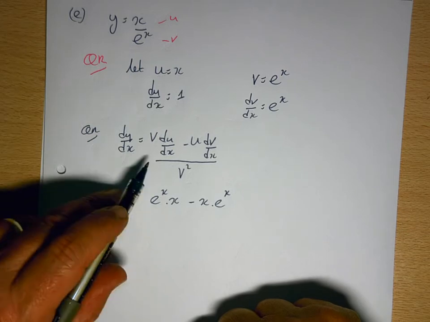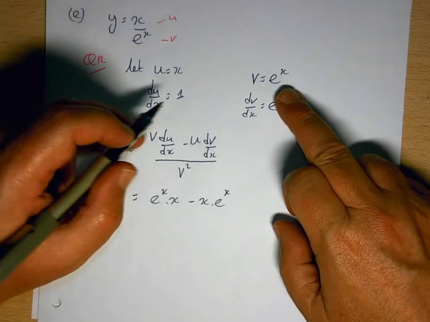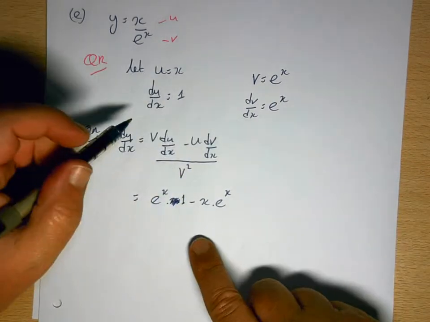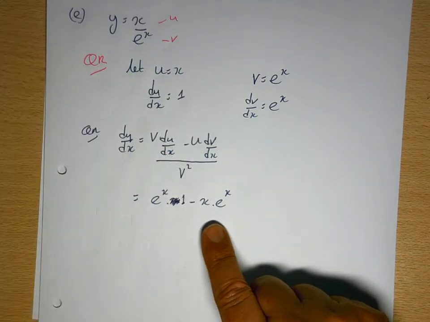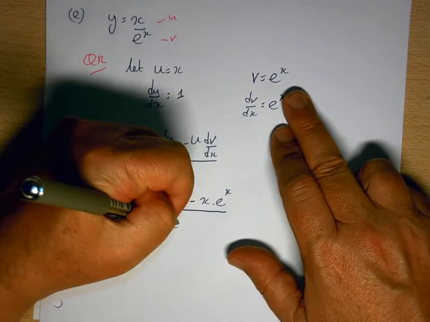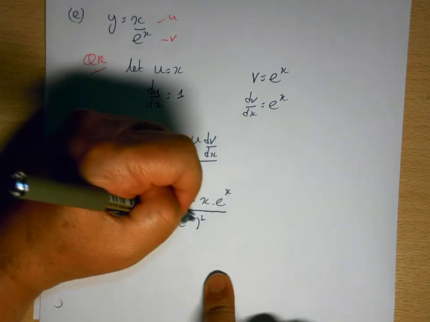Right, I've just gone wrong there, distracted by my phone. So v du dx is e to the x times 1, minus u, which is x, times dv dx, which is e to the x, all over v squared, which is e to the x all squared.